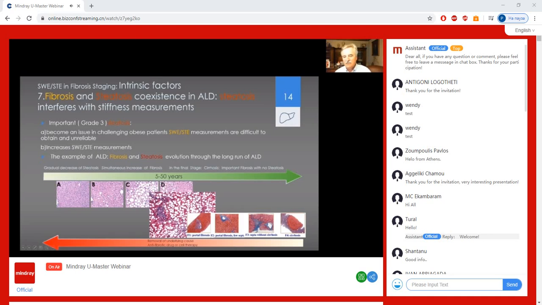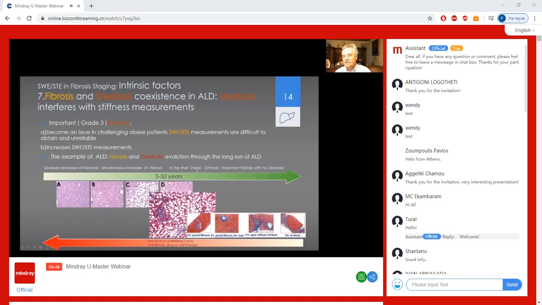In the middle of this long trajectory, there is coexistence of fibrotic and steatotic tissue, and finally, when the fibrotic tissue starts to progress and becomes more important, it arrives finally at cirrhosis.